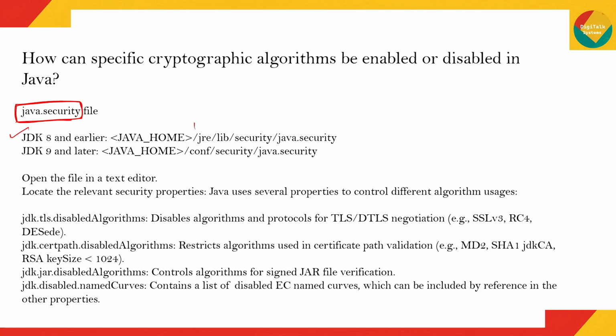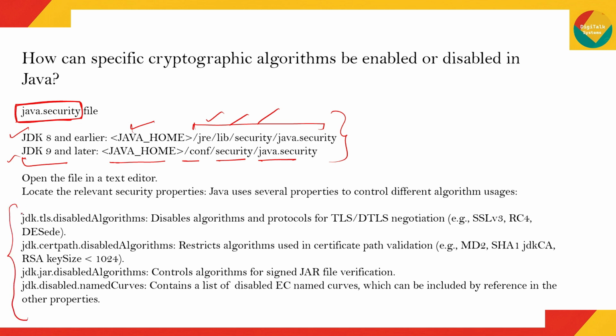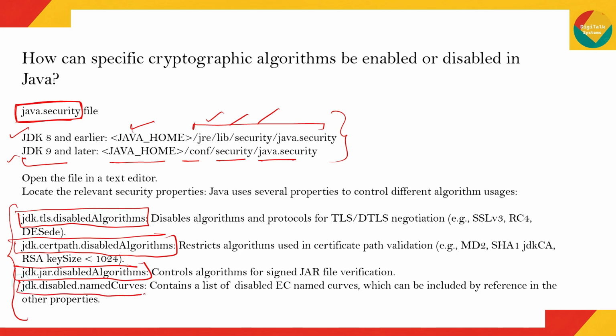In JDK 8 and earlier, this file is located inside Java home, jre, lib, security. From JDK 9 onwards, it is inside Java home, conf, security. These are the differences in the location of the file. There are specific areas in the java.security file where you can enable and disable different kinds of algorithms, depending on multiple factors.